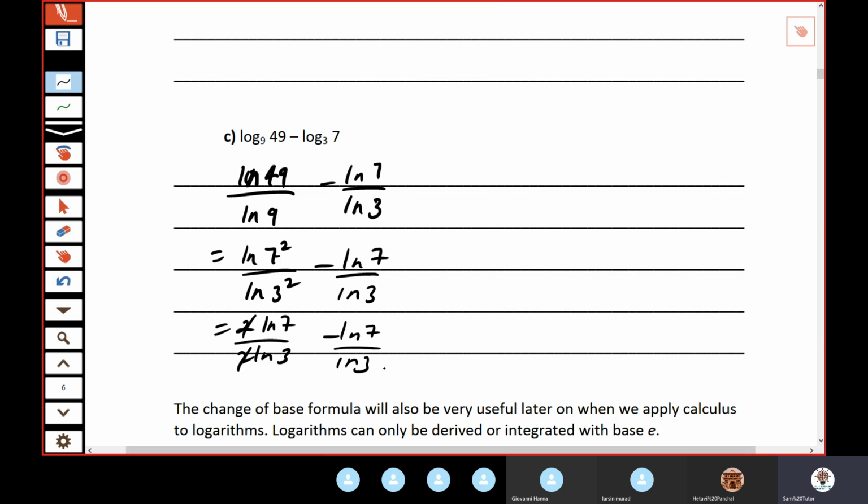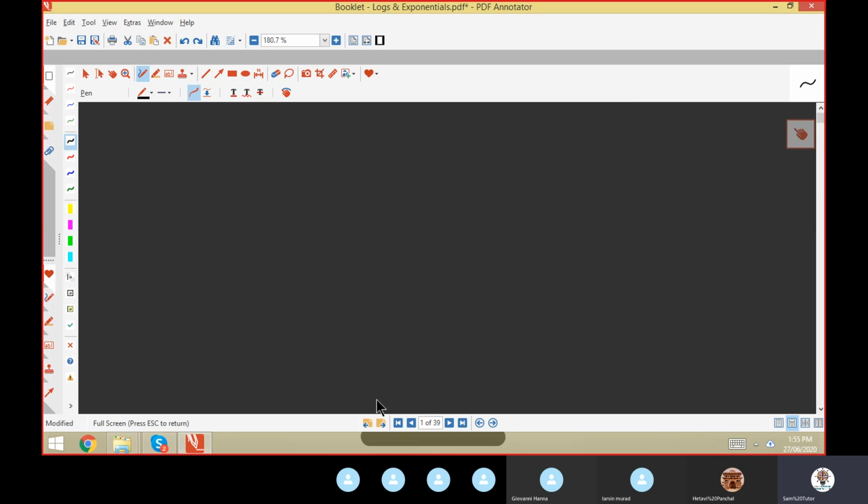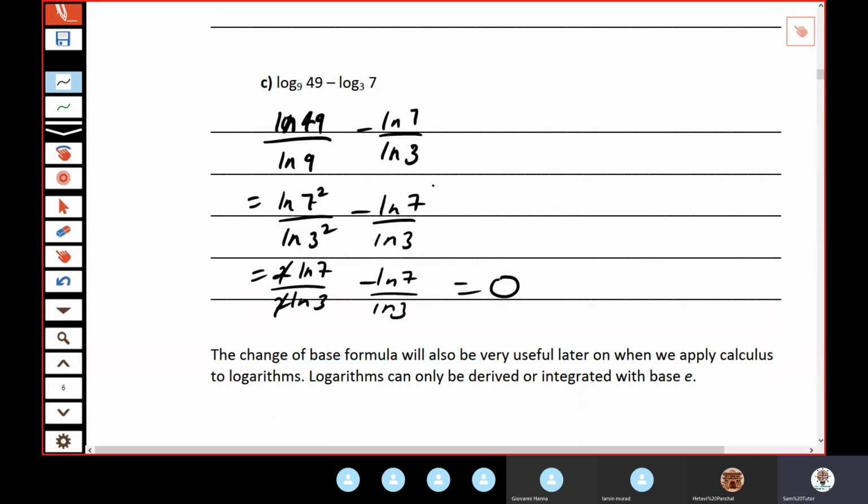Log 3 minus log 7 on log 3? Any questions there?